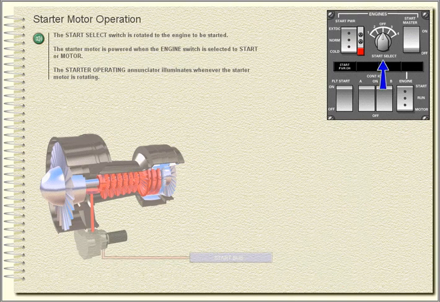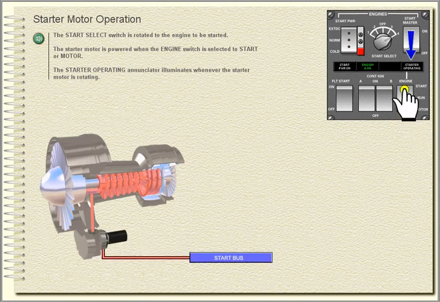Starter motor operation. The Start Select switch is rotated to the engine to be started. The starter motor is powered when the engine switch is selected to Start or Motor. The starter operating annunciator illuminates whenever the starter motor is rotating.